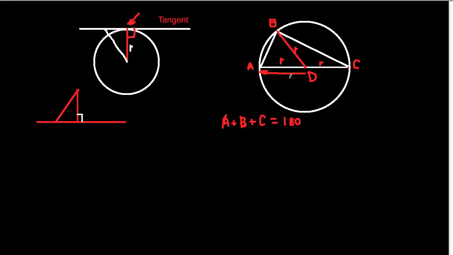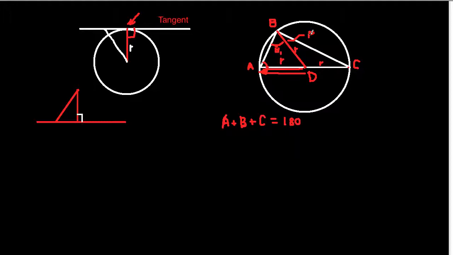Now, because I know that the length of this line is R, this line is R, and this line is R, it tells me that this angle right here and this angle right here are equal. I'll call this angle B1. And this angle right here, I'll call angle B2.